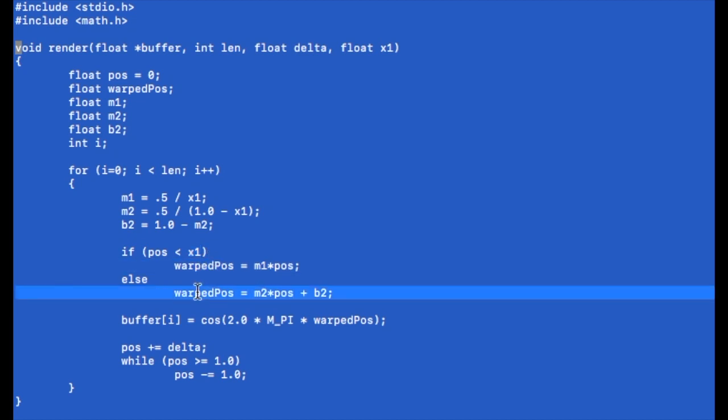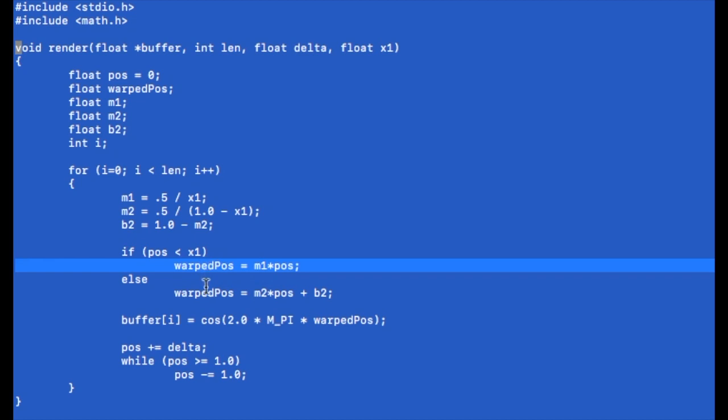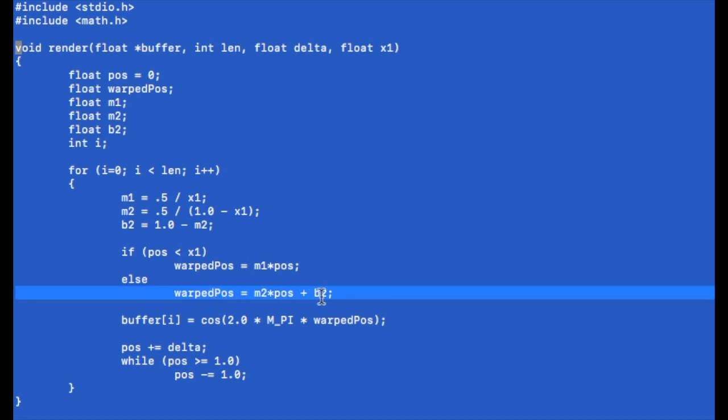And one thing to be aware of is that this does introduce a knee, a sharp corner, in your wave. And if you watch the bit on aliasing, you'll know that that can be trouble. But we'll get to that later. For right now, we want to return one slope times a position if we're on the faster part of the wave, and if we're on the slower part, we return this other equation plus that offset, right?